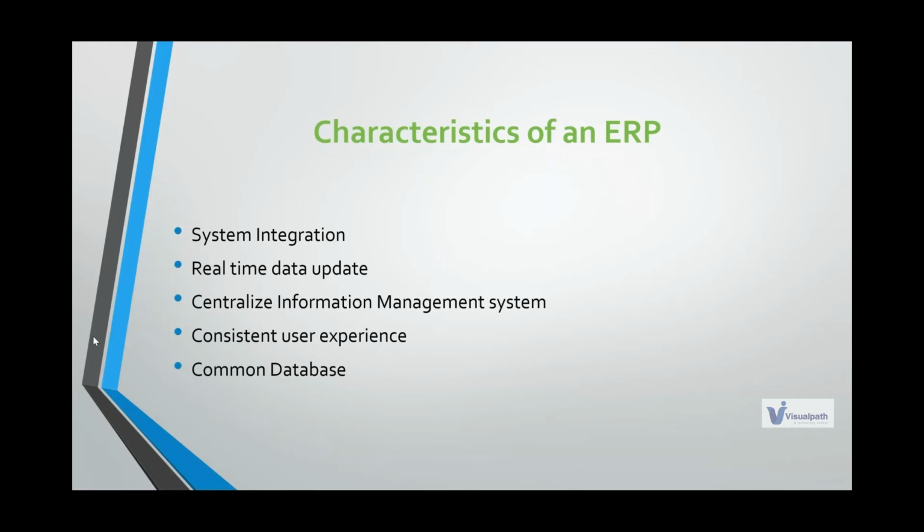Second one, real time data update. What do you mean by real time data update? For example, in my office, I have 10 resources working. 10 resources are using a laptop. For example, a resource is updating something in the software.